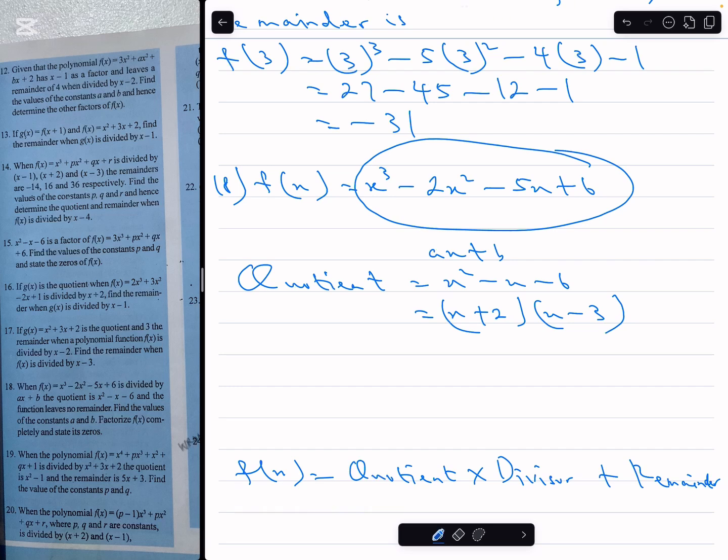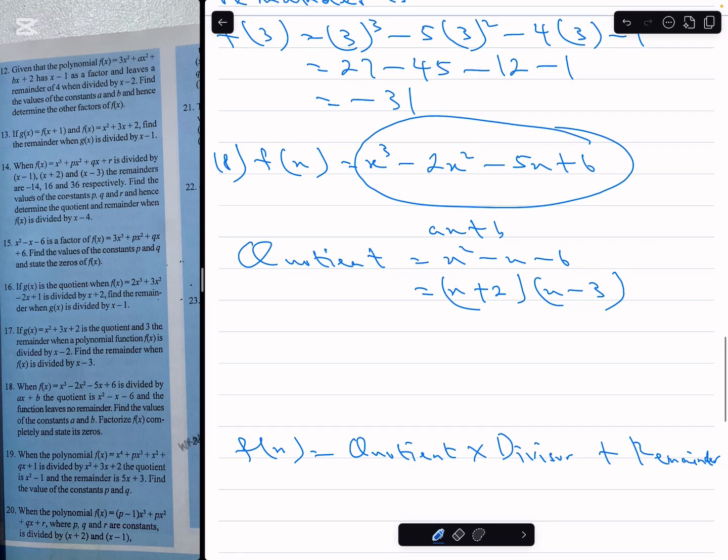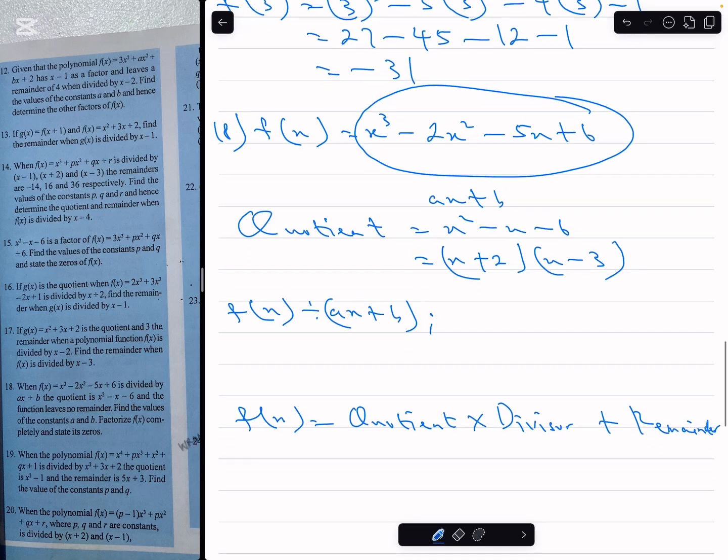They said if you divide f of x by ax plus b, the quotient will be equal to x squared minus x minus 6, which is the same as the product x plus 2 times x minus 3, and there is no remainder, so the remainder is 0.